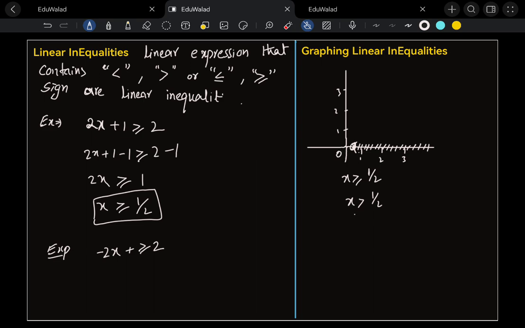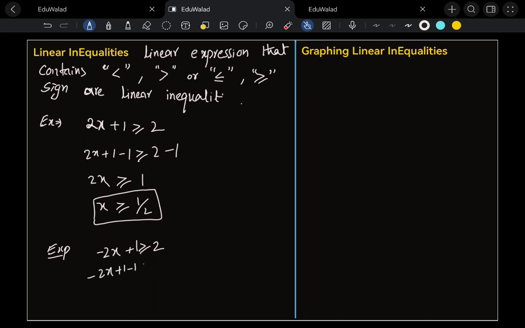So let's take an example of our golden rule. When we divide by a negative number, the sign will flip. First add negative 1 on both sides. So negative 2x is greater than or equal to 1.